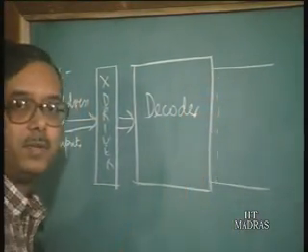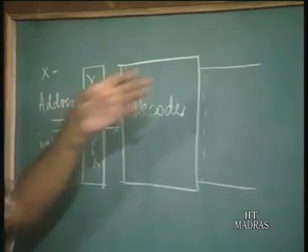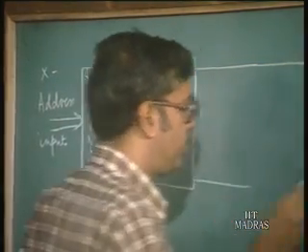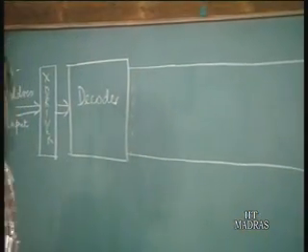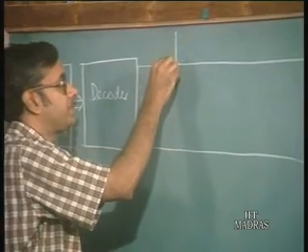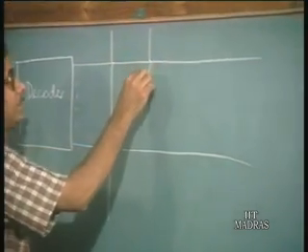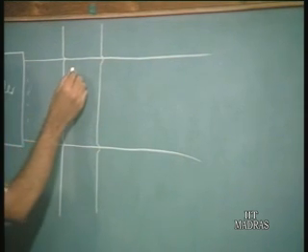So, if you have say 8 address inputs here, you will have 2 to the power 8 lines. So, this gives rise to 2 to the power 8 rows. I am just drawing the 2 rows here, and then you have the different columns. So, this is one particular column where you have the memory cell.